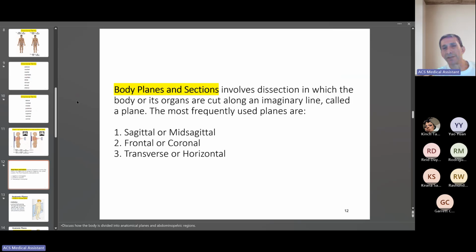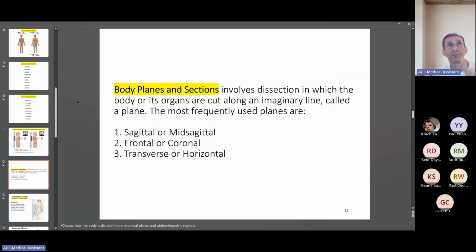Let's talk about body planes and sections. Body planes are very important. At least one of these body planes is going to be asked on your national exam. I will ask it on my exam because I know that you're going to encounter it on your exam, so I want to make sure that I don't leave this out. When we do a dissection of any organ or the body, we use planes, use sections all the time.